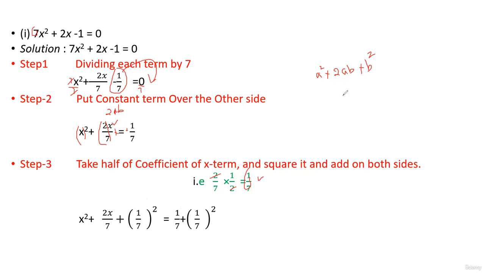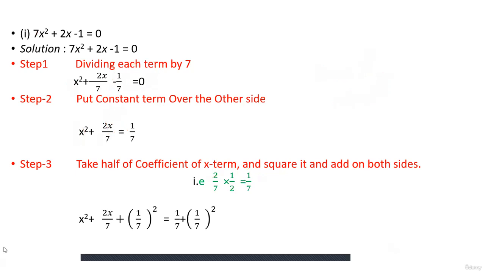Now remember that you can write this as a plus b whole square. So you have to decide what a and b are, then you can put the bracket with the square. If 2ab is negative, you have a negative inside the whole square. Here we have a positive 2ab, so I will have a positive.